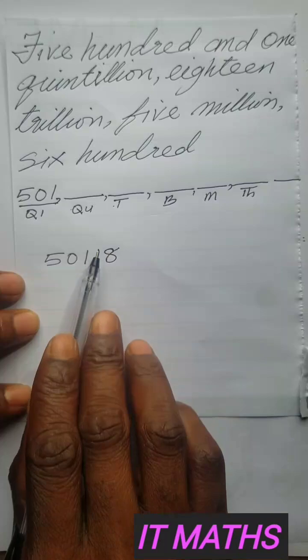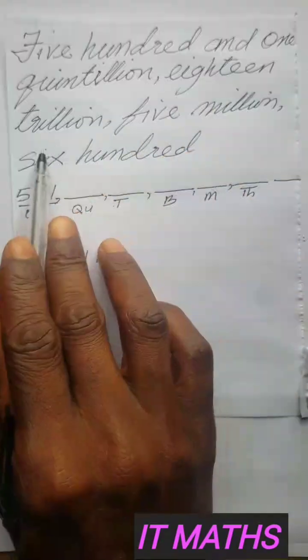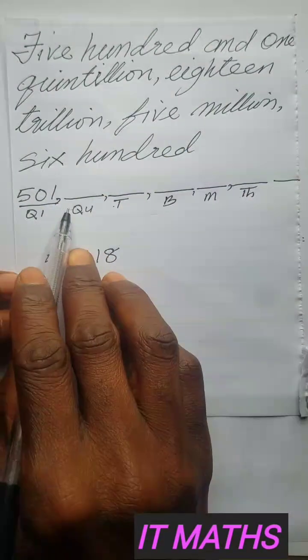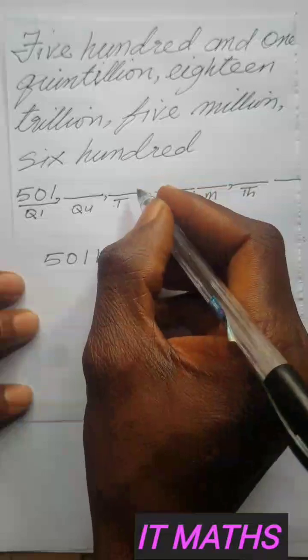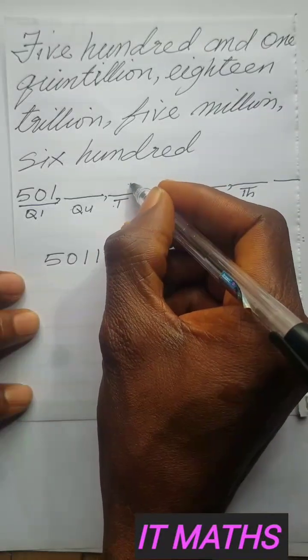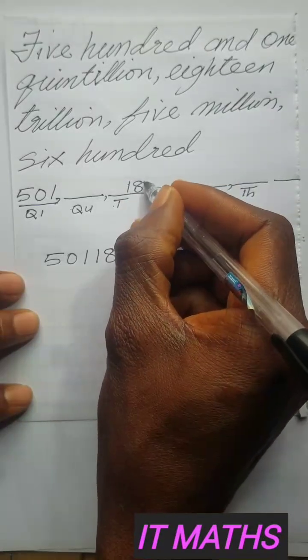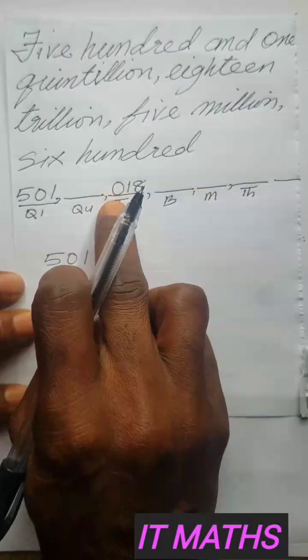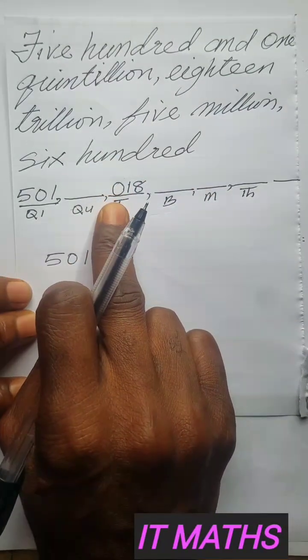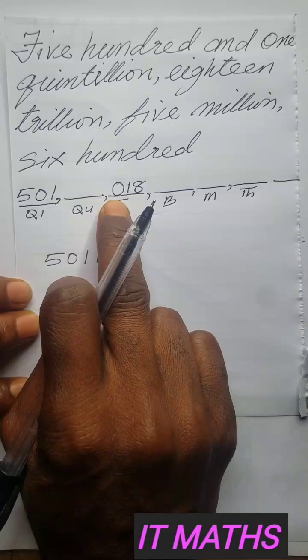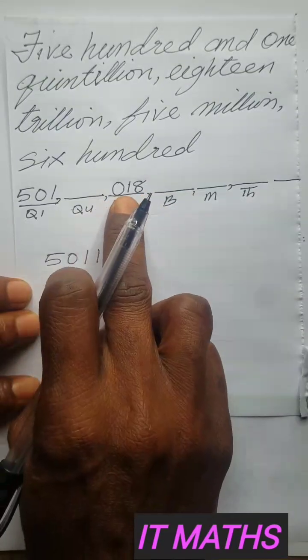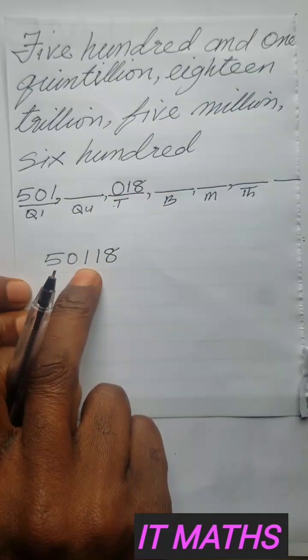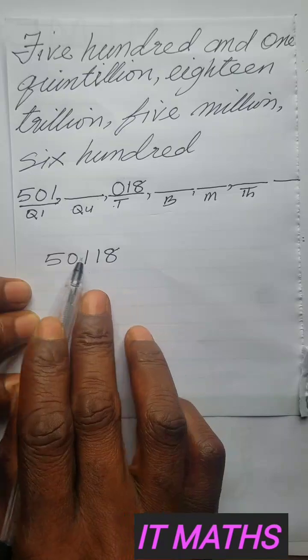That 18 is a trillion. So I must skip the quadrillion place and go here and write my 18. How do I write 18? Like this, with the hundreds place skipped. You must fix a 0 for the hundreds place. If you don't put a 0 there, you'll be writing this, and that will not be correct.